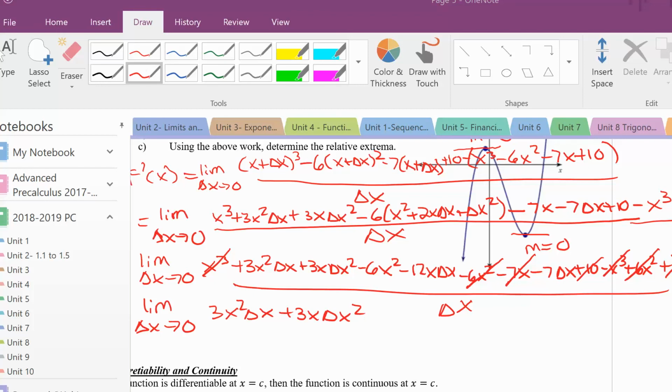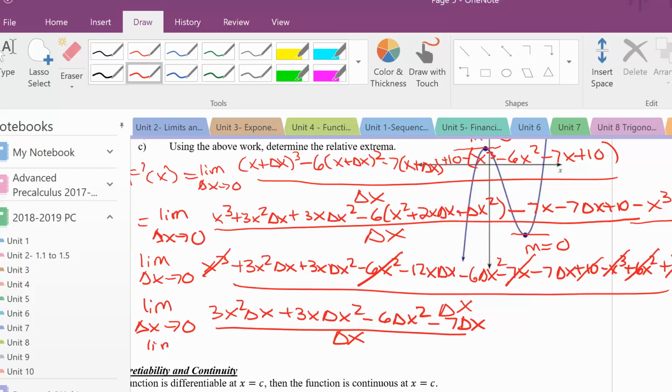Sorry, I canceled out the wrong thing here, because this should be a 6 when I multiply 6 delta x squared. So it's going to be minus 6 delta x squared and then minus 7 delta x, all over delta x.